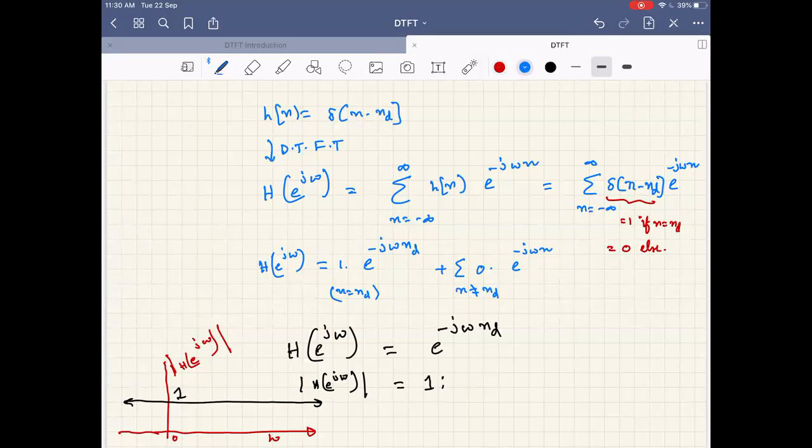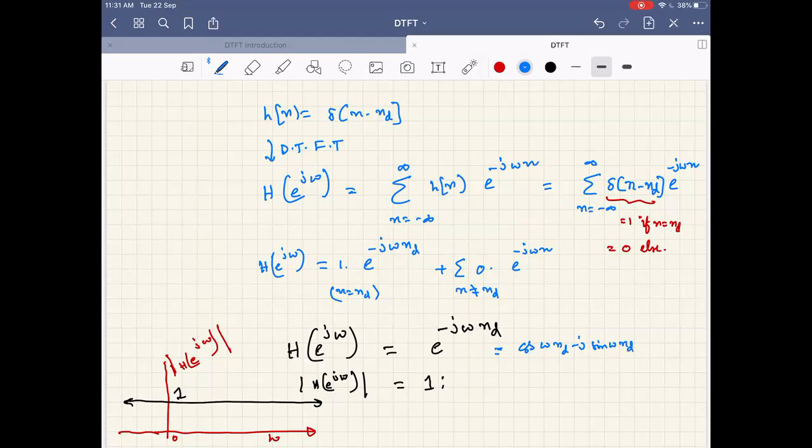Now let us see the spectrum of the angle of h of e power j omega. How does it look like? Can you guess what is the angle of h of e power j omega? You can write this explicitly: cos omega nd minus j sine omega nd.